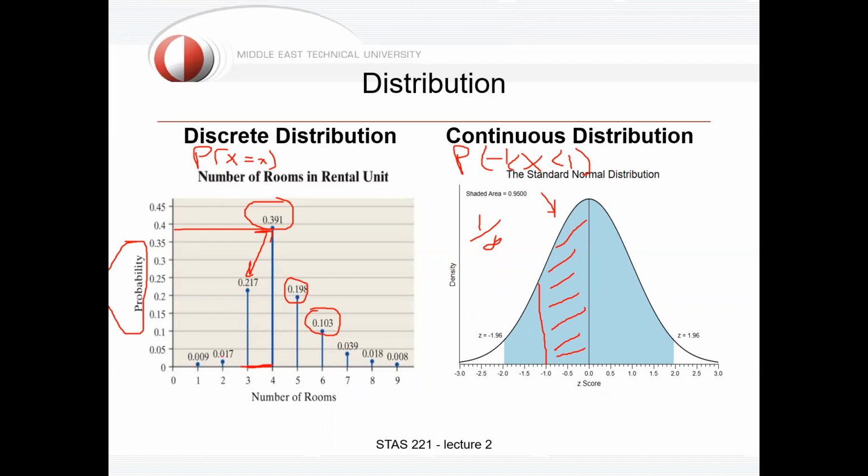And for discrete distribution, we know that x less than or equal to a number, for example, let's say 2, is not necessarily equal to x less than 2. Right? But for continuous distribution, they are exactly the same because the probability of the point is equal to 0. I already explained why.